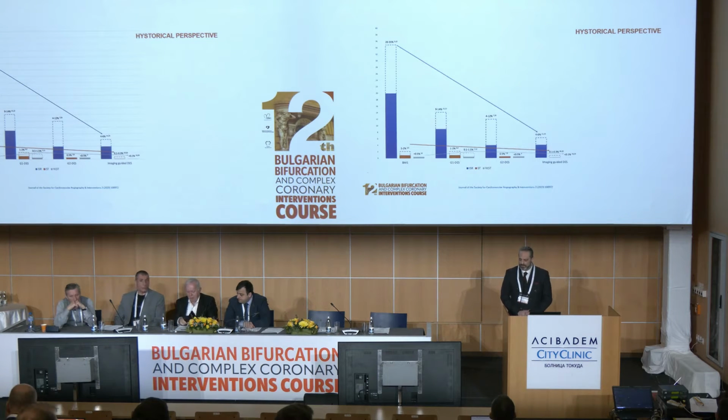In blue is stent restenosis, in orange is stent thrombosis, and in gray, very late stent thrombosis. You see that from the BMS era to the second generation DES and the last imaging-guided DES implantation, there is a clear decrease in restenosis rate, but a slight increase in very late stent thrombosis.